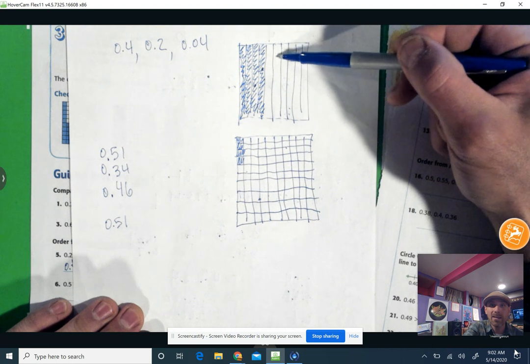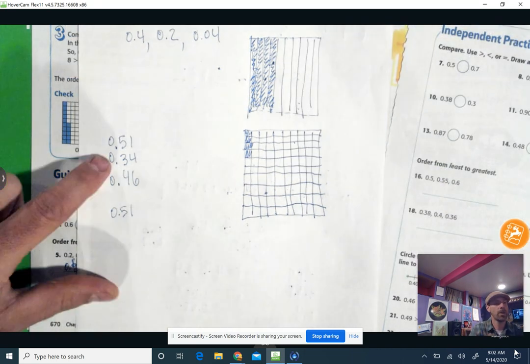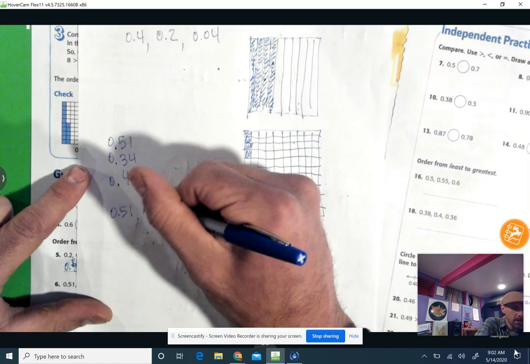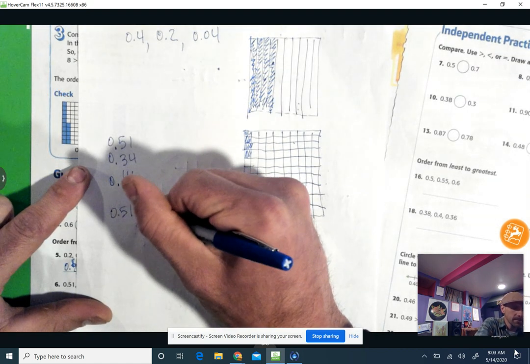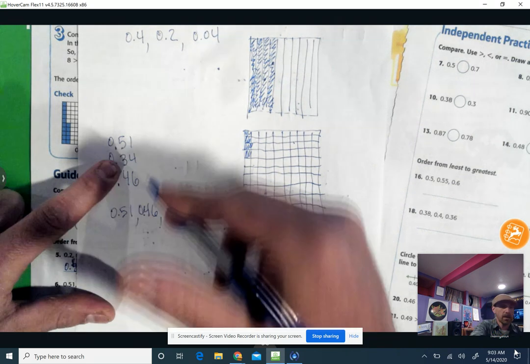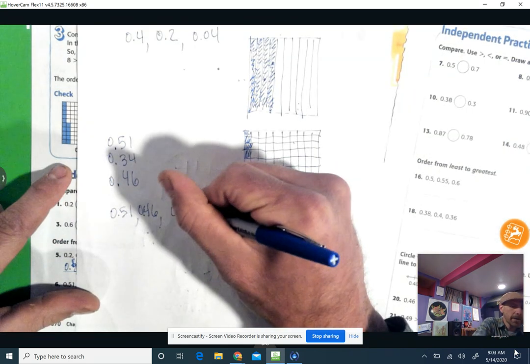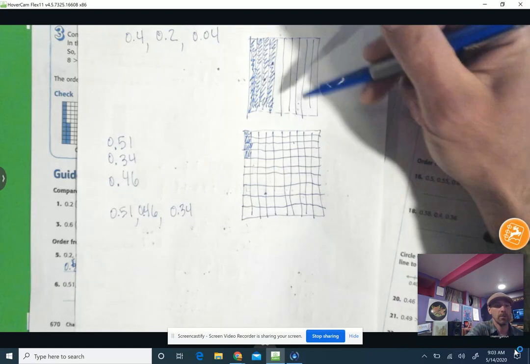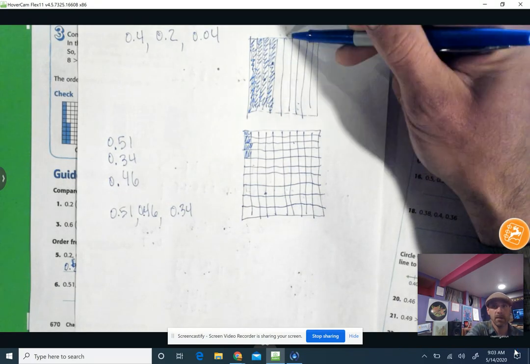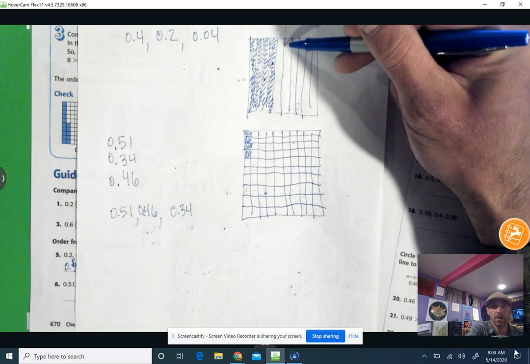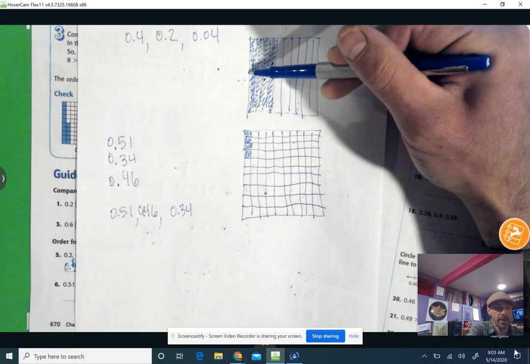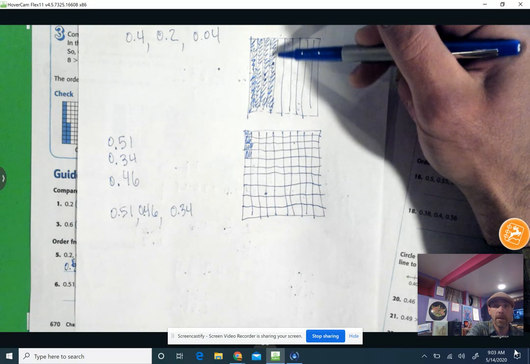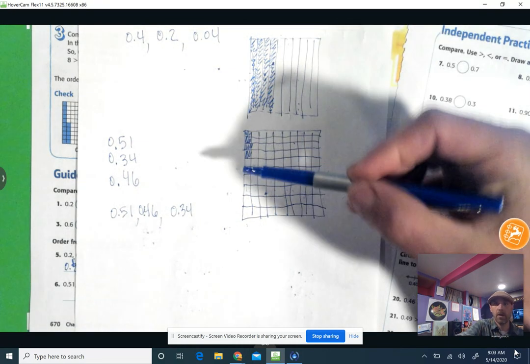So greatest to least, 51 100ths, which would be 5 of these 10 bars colored in with one little tiny square colored in. Then we have 46 100ths, because the 4 is greater than the 3. And then the 3 is the smallest, 34 100ths. 34 100ths would be 3 of these bars colored in with 4 of the hundredths boxes colored in.